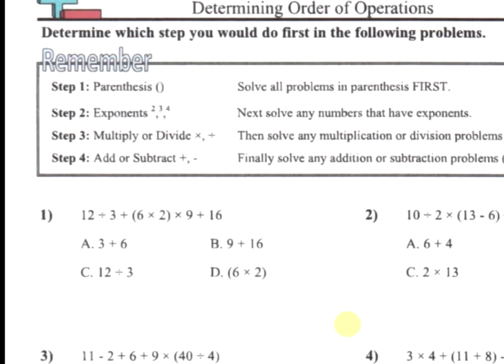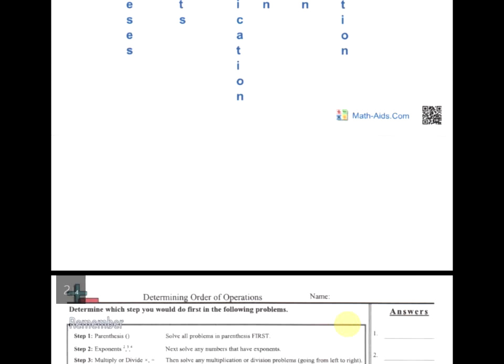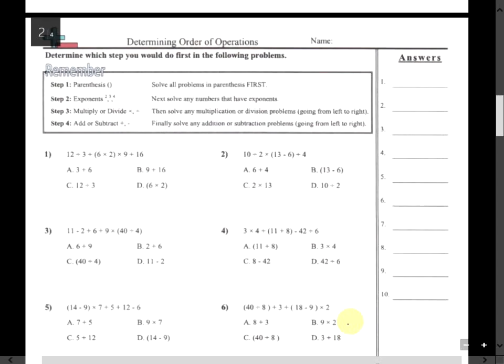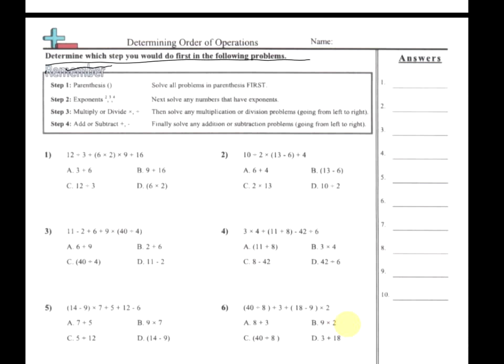Whoa, wow, it freaked out on me. I'm reading this sentence right there. All right, now let's look at the actual problems. Johanna, did you have a question? No answers yet. Thank you for wanting to.